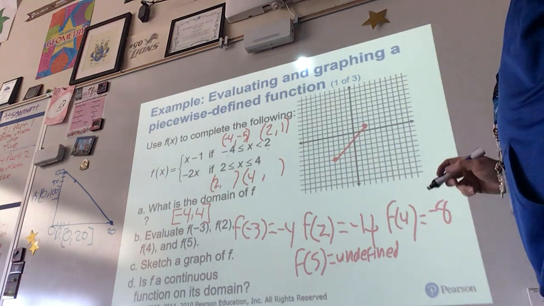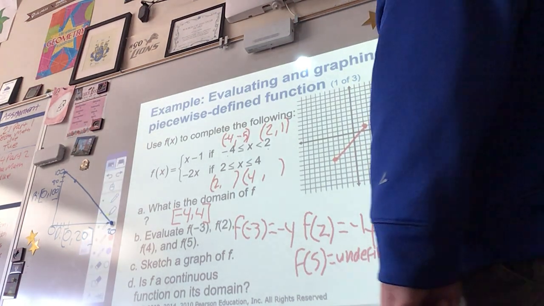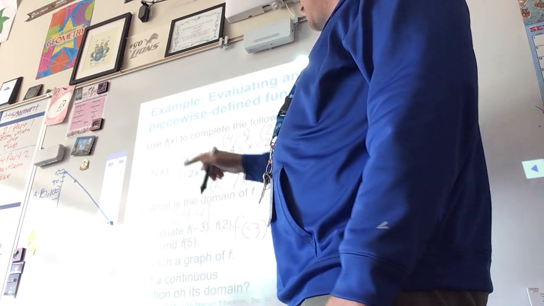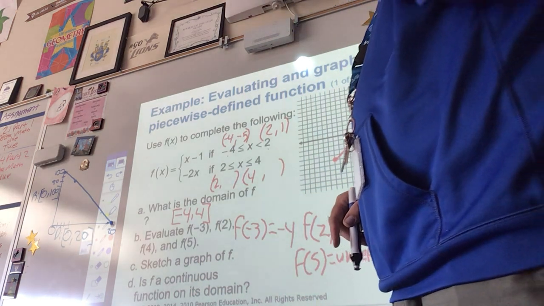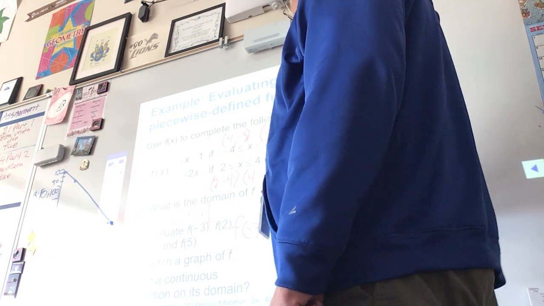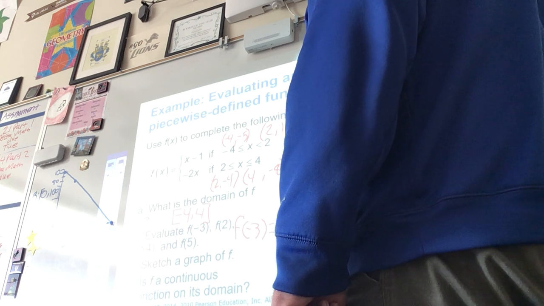Gonna do the same thing on the bottom. I'm gonna plug in 2 here, and Shaylee, 2 times -2. -4. And Kayla, 4 times -2. -8. So I'm going to have 2 more points. 2, -4.